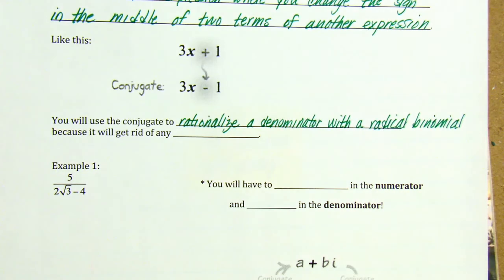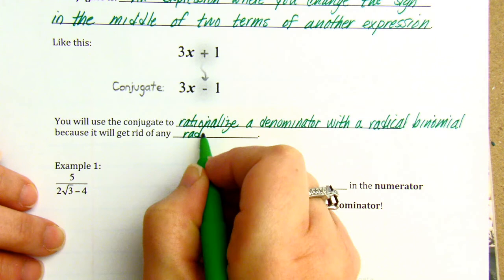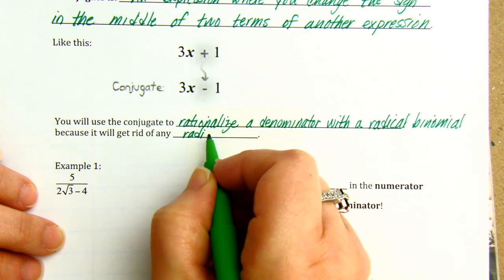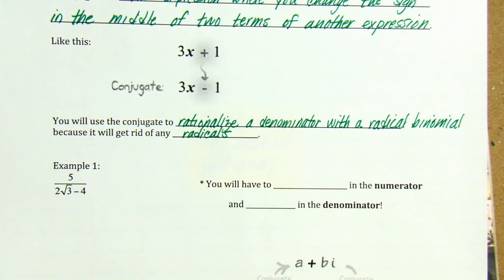Okay, we're going to use the conjugate to rationalize the denominator with a radical binomial because it will get rid of any radicals. And that's the only thing that's going to help us get rid of any radicals in the denominator.